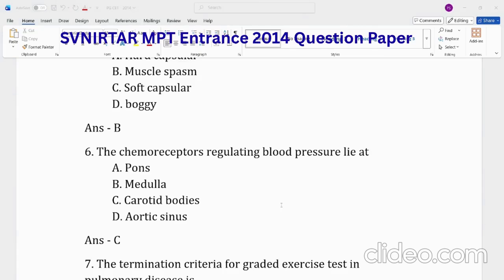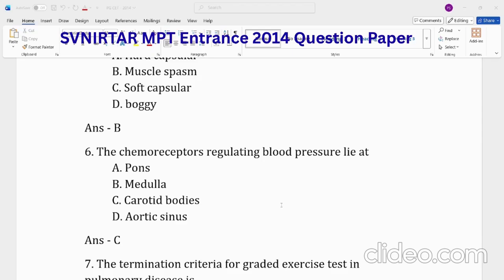As you know, peripheral chemoreceptors monitor blood chemistry. They help regulate both respiration and blood pressure and are located in the carotid bodies. So the chemoreceptors that regulate our respiration and blood pressure are mostly located in the carotid bodies. Remember these things, right?